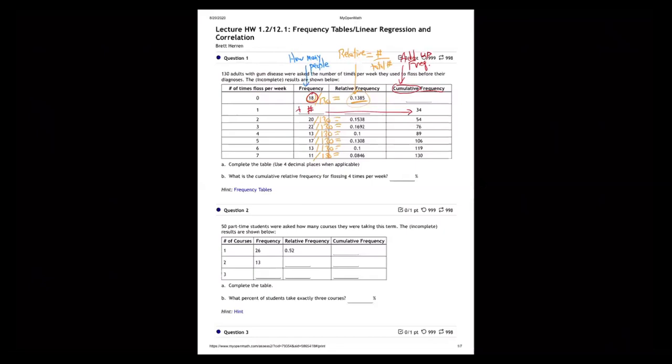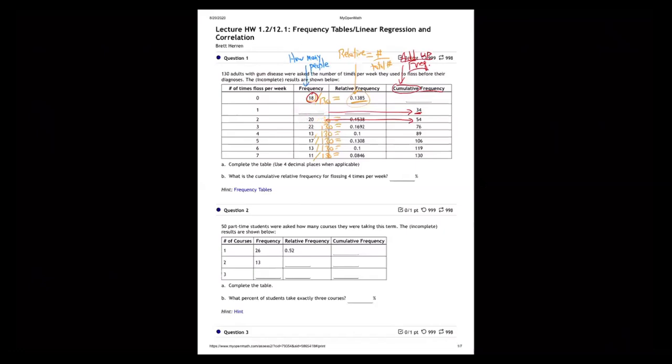Does that make sense? And then they added 20. You see 34 plus 20 equals 54. Everybody see what's happening there? So cumulative, this just means they're adding them up. They're adding up these frequencies.